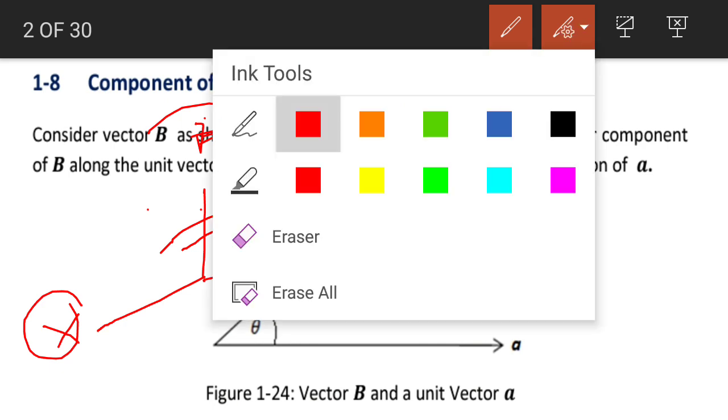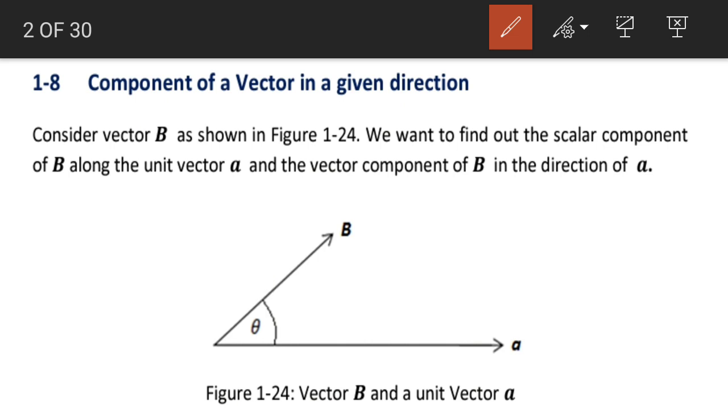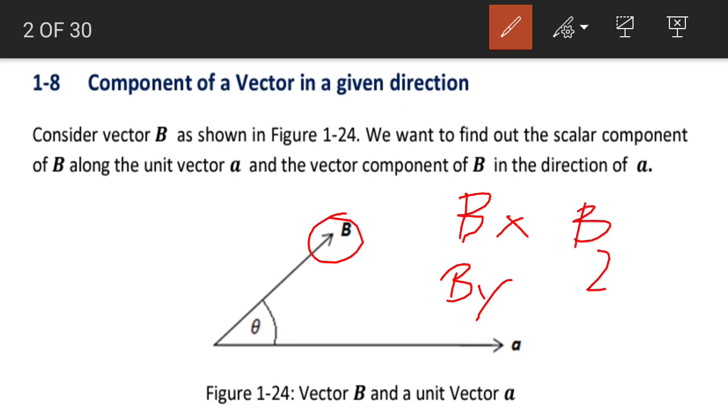So to represent this vector in the rectangular coordinate system, we need its component along x-axis, y-axis, and z-axis. So this is why it's important to find out the component of a vector along a given line.